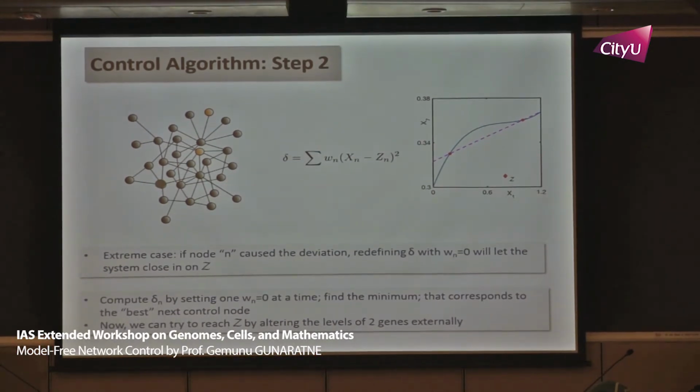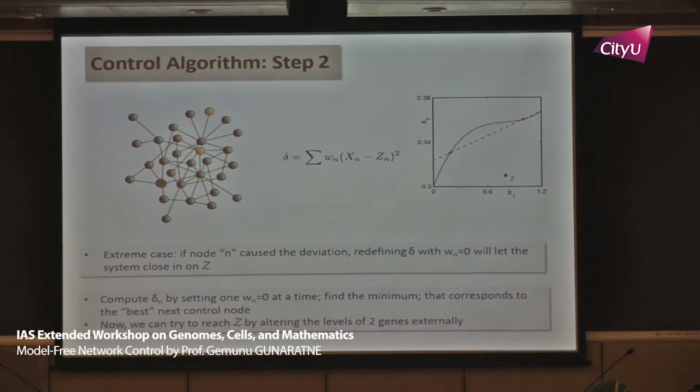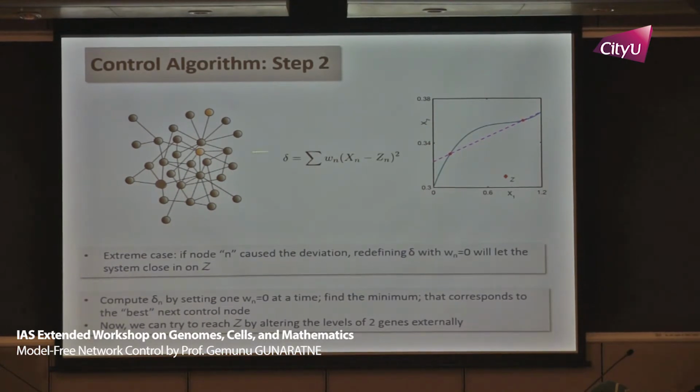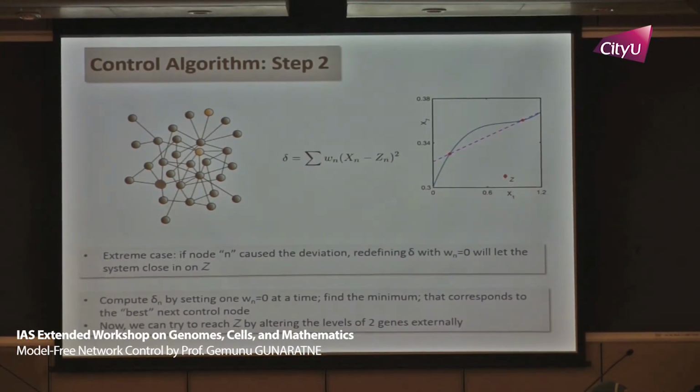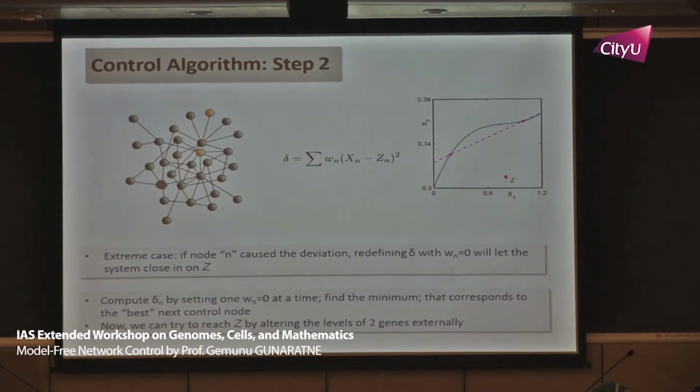All I do is to redefine the expression of delta by setting one of these weights to 0 at a time, and then figuring out what the smallest value of delta is. That then gives me the second node that I want to use for my control.